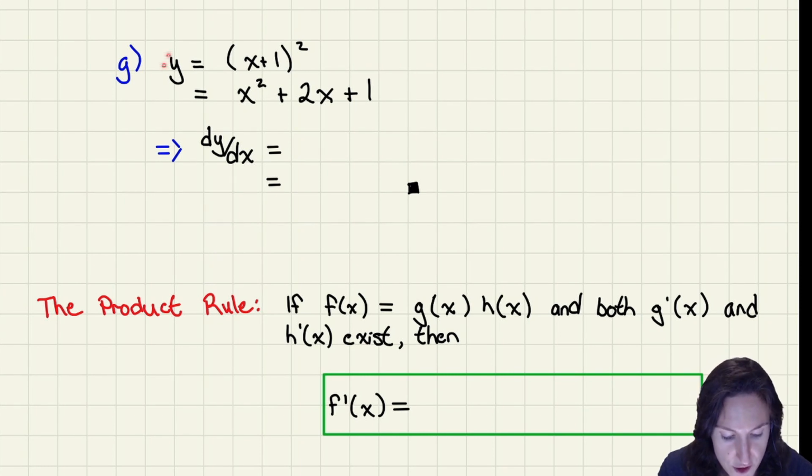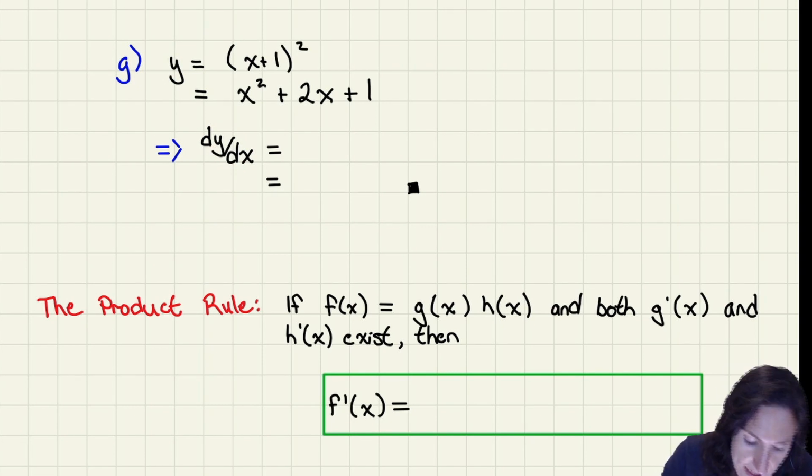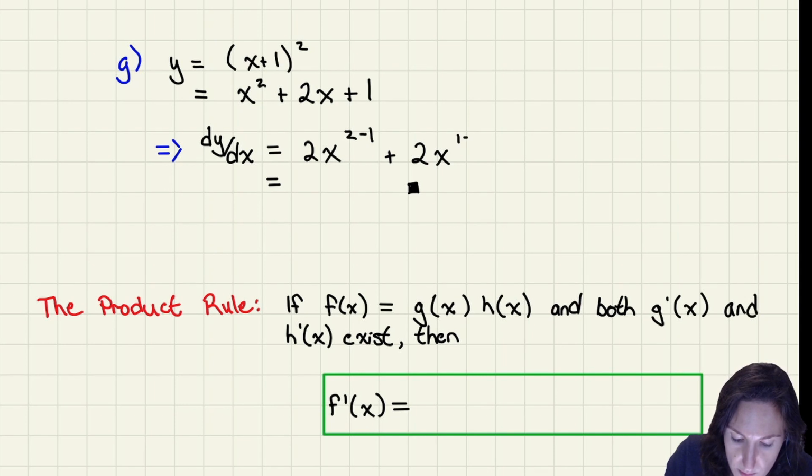And because this function name is y, in terms of notation to take the derivative, we would have to say dy dx and then take the derivative of each term. So bring down the exponent, subtract 1 from the exponent, plus 2, x to the 1 minus 1, so just 2, and then plus 0. So we have 2x plus 2.